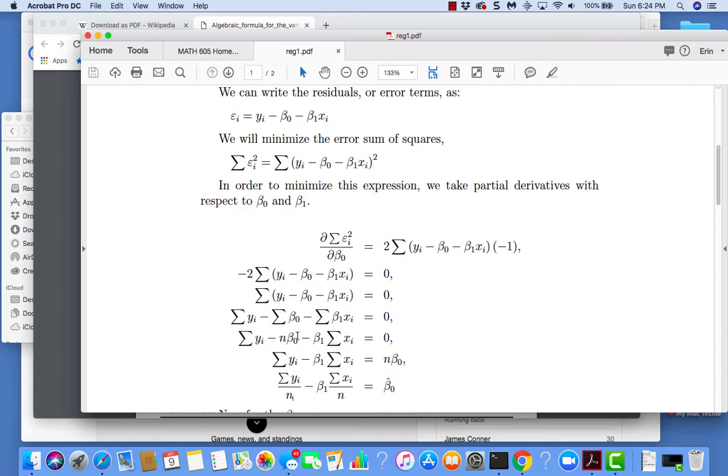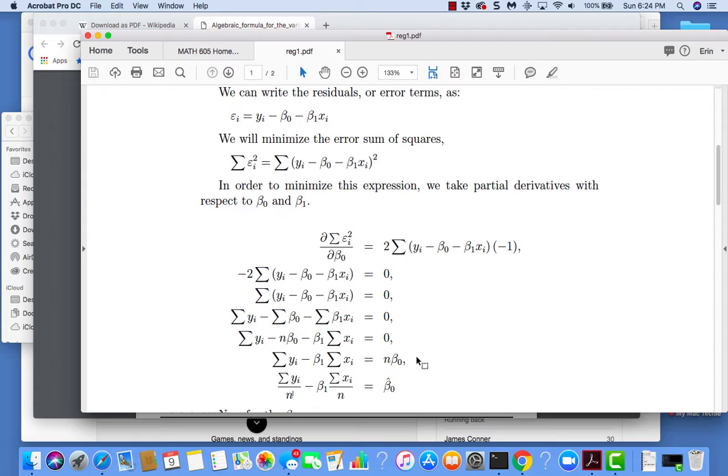The beta 0, since there's no i on there, we can think of that as just being a summation of beta zeros, n of them. So we get n beta 0. In the next term, since there are no i's on the beta 1, I can push that on the outside of the summation. So that leaves me with beta 1 times the summation of x i.